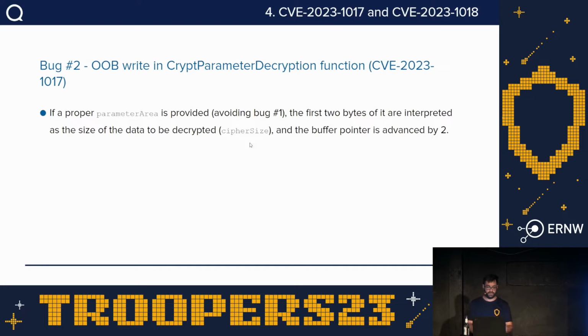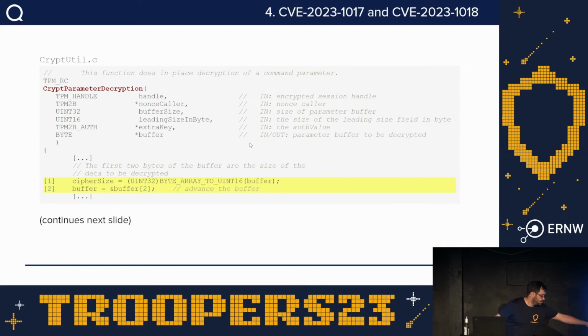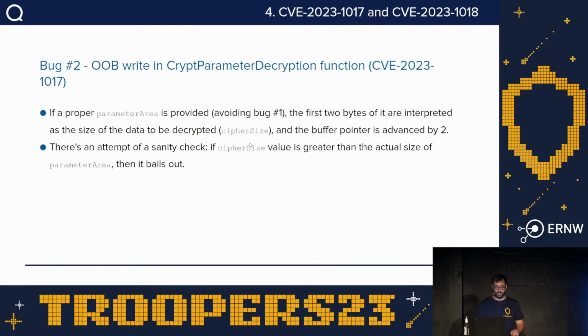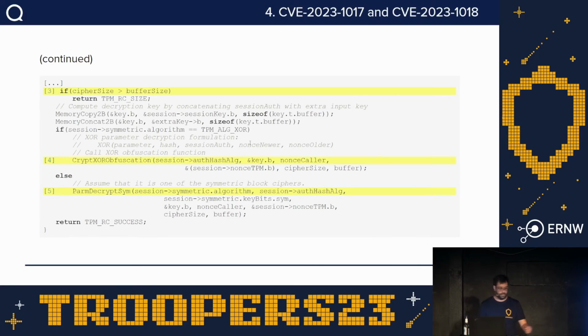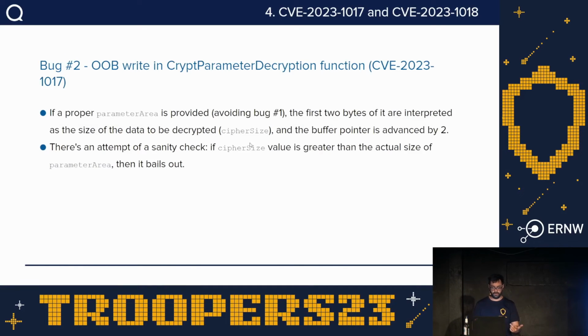The problem is, if we provide a proper parameter area, that is, we avoid the first bug here, the first 2 bytes are read, and the buffer is advanced by 2. That is, we have just parsed the cipher size. There's an attempt of a sanity check, which is here: if the value of cipher size is greater than the length of the remaining data, it returns an error.